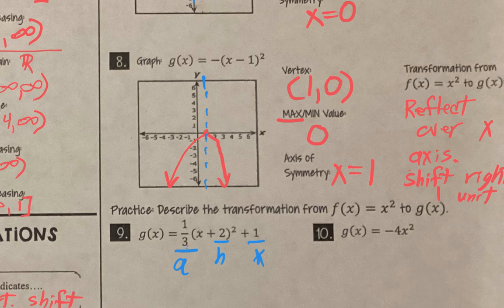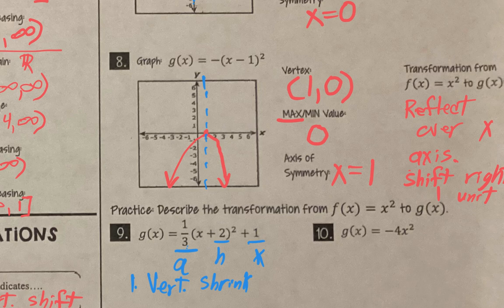That is between 0 and 1. So look at your anchor chart. If the absolute value of A is between 0 and 1, I know that I have a vertical shrink. Vertical shrink.